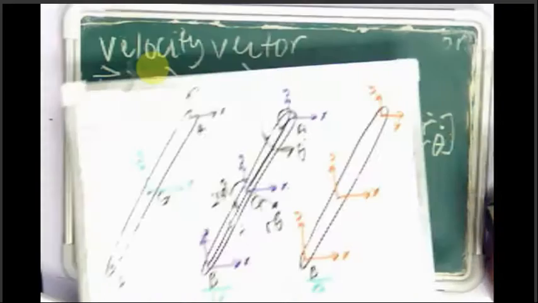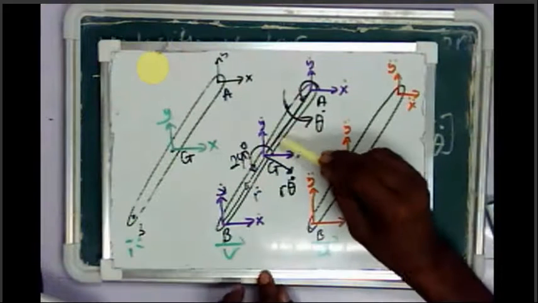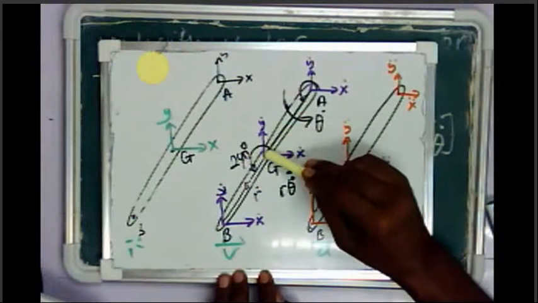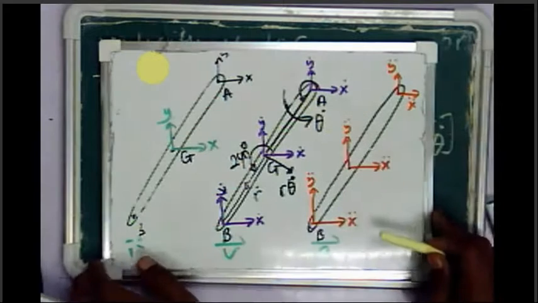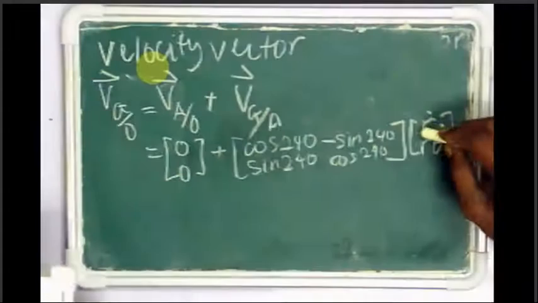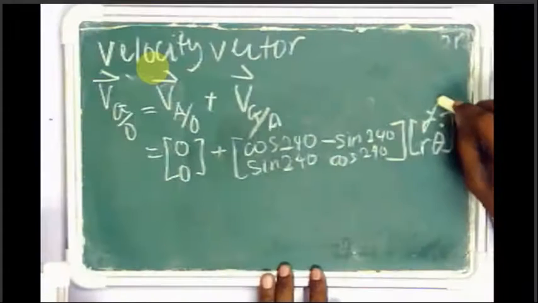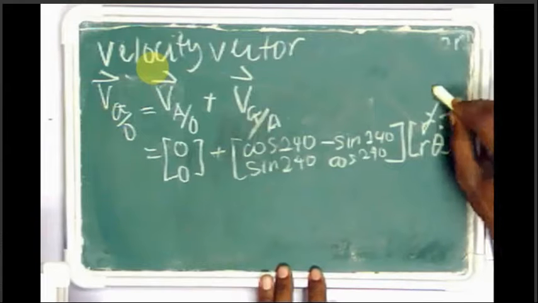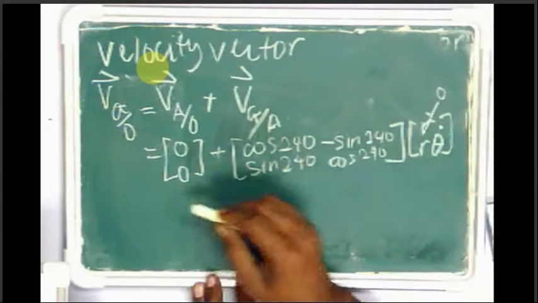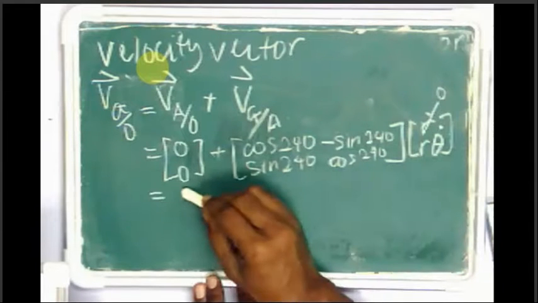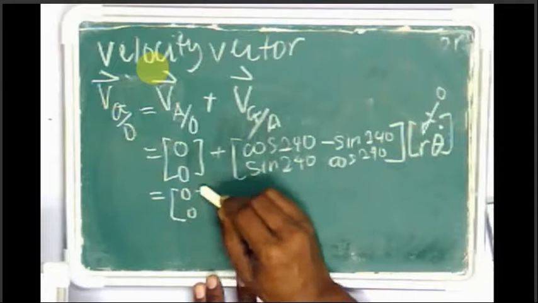Our system here is a rigid body, so the value of the distance here does not change. So we can say that the time rate of the radius there will be equal to 0, and we have 0, 0.